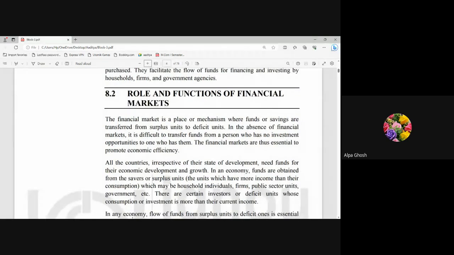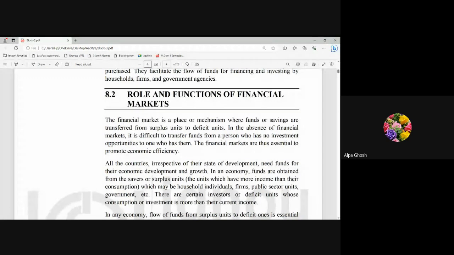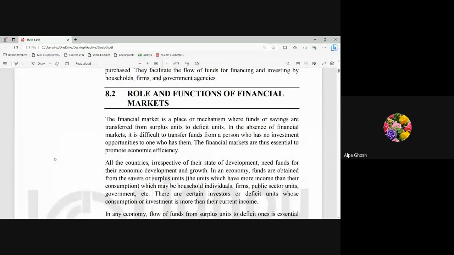Now, what is the role and function of the financial market? We know that the financial market is a place or a mechanism where we bring the funds or savings, and then these savings are transferred from surplus units to deficit units. For example, I have an amount which is in surplus.